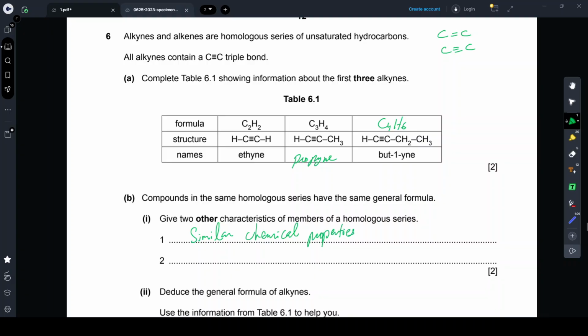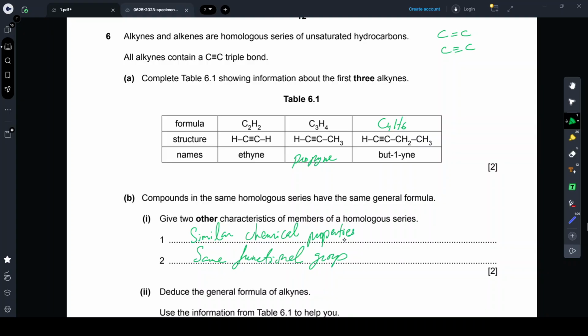Not necessarily. It increases with molecular mass. So it could be same functional group and similar chemical properties, which Sobia suggested.